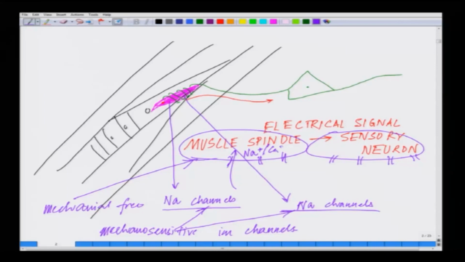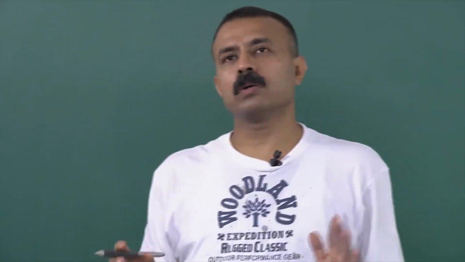It may even be calcium, which is not really known, and this leads to the generation of an action potential. This is how far we know about how the intrafusal fibers are communicating the signals to the sensory neurons.